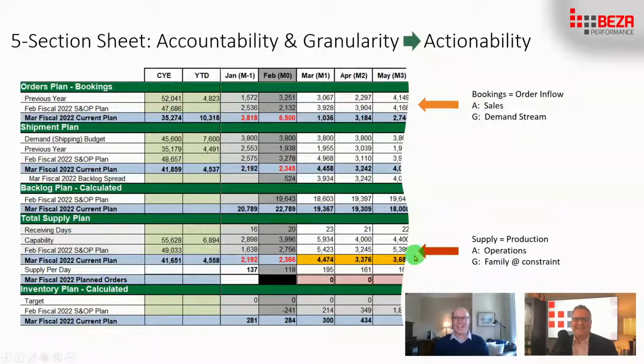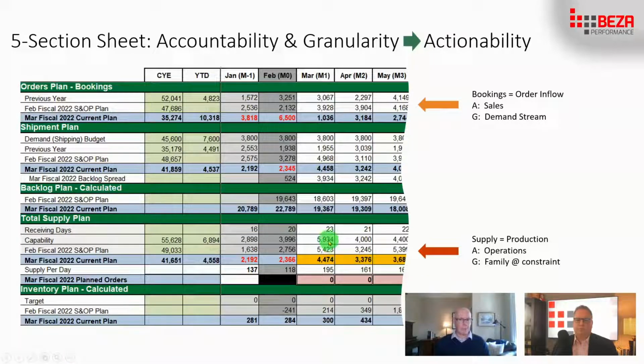Yes, exactly. So I'm going to jump down to the supply side here, and you'll see in a minute why I'm going to do this. On the supply side, you can think about this as if this was a production line, a family run on a particular production line. We're talking about the units coming off that line, right? And so I've got a plan, which would be tied to my master schedule or my production plan going forward of what I plan to build, right?